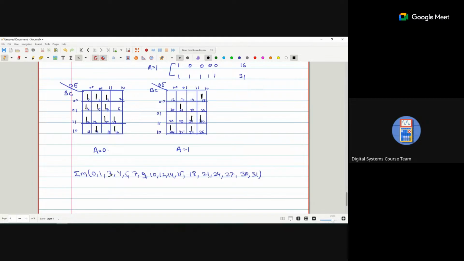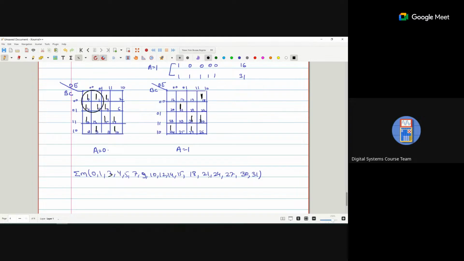Now how can I create a group? First of all, I can individually create a group. You can check this group. This is an individual group. Along with that, I have to verify whether the same group is available in this matrix or not.